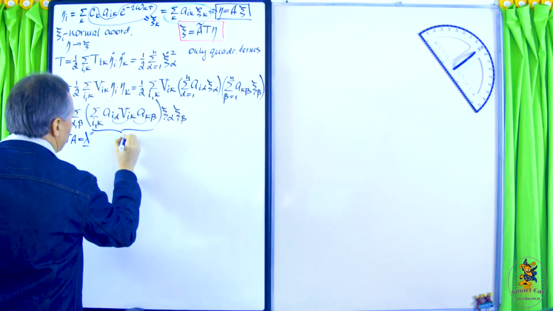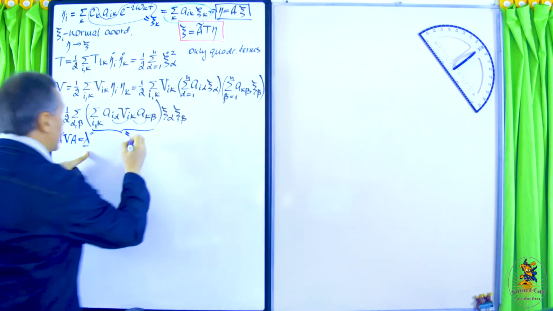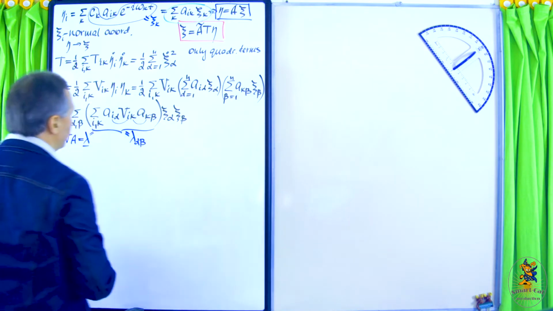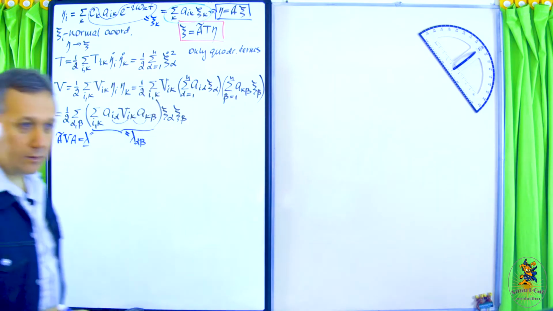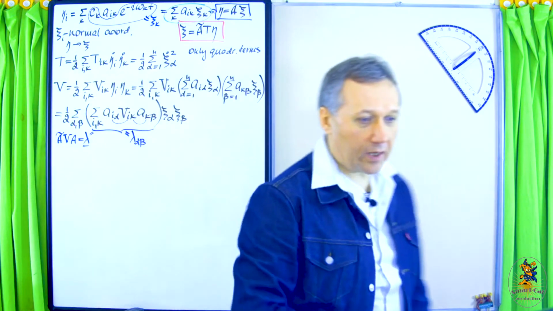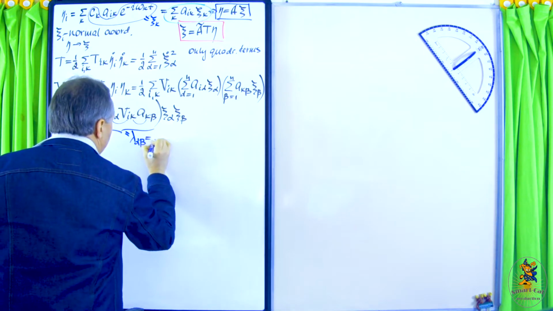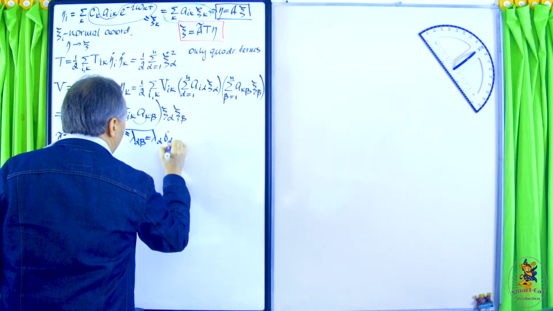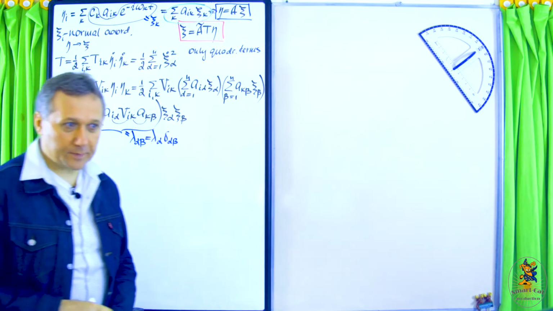Of course, we can write that it should be equal to lambda alpha beta in component form, right? Because in the summation over i, k, those indices disappear. Only alpha beta will stay outside. And we can also write it like this: lambda alpha delta alpha beta, the Kronecker symbol. We can write it like this also, right?